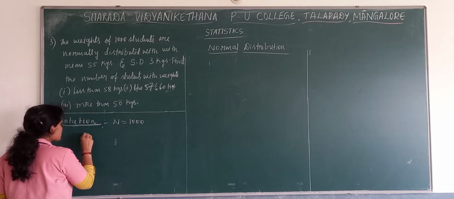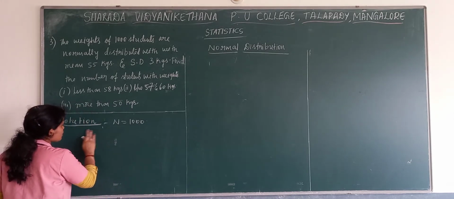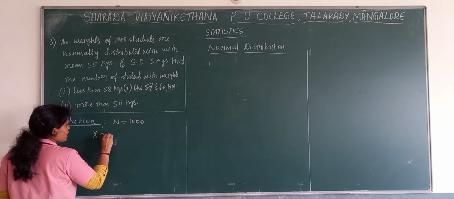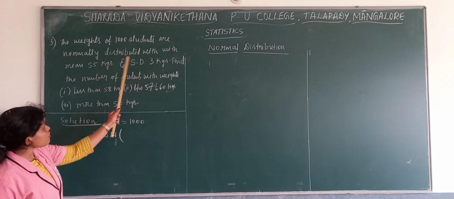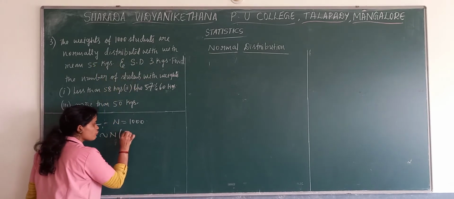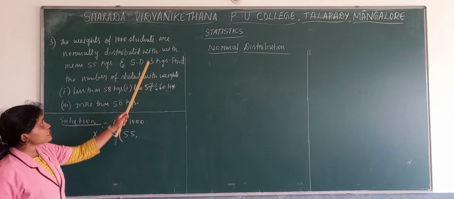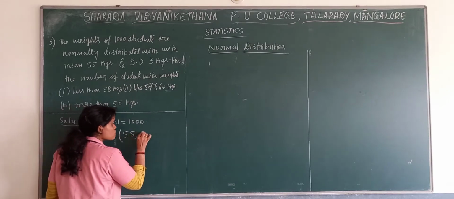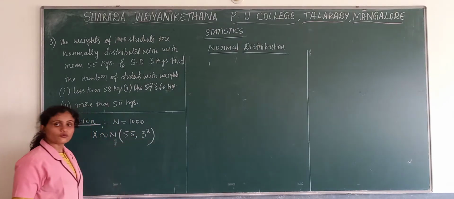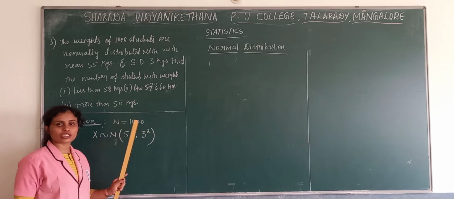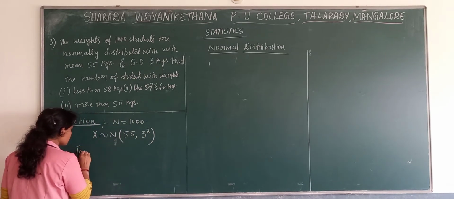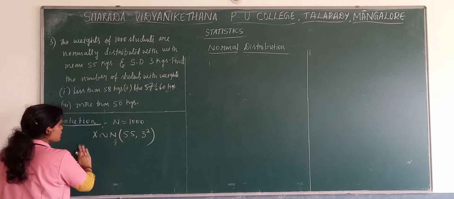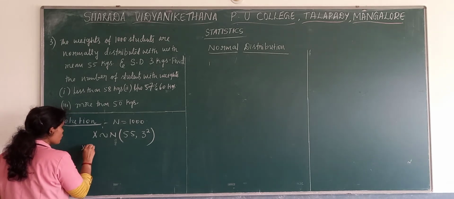Then next write x follows N, that is normal distribution. What is the value of mean? That is 55, and the standard deviation is 3. So we need to write the standard deviation in the form of variance. And here you have x.